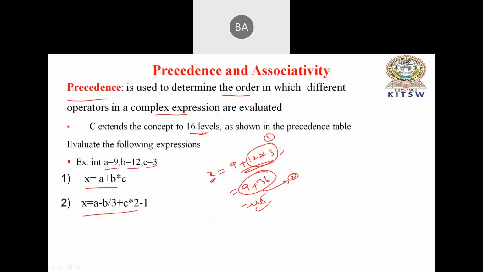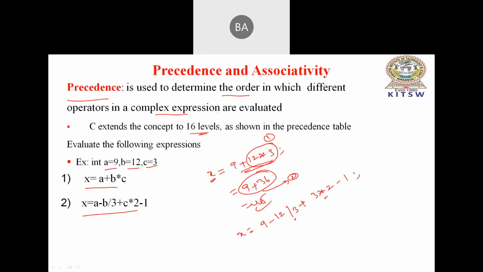Similarly, take the second example. Here x is equal to a 9, b 12, divided by 5 plus c value 3 into 2 minus 1. All the operators involved here are arithmetic operators. We have star and slash, which will have more priority than plus and minus.